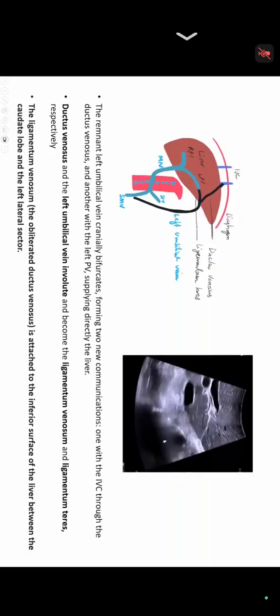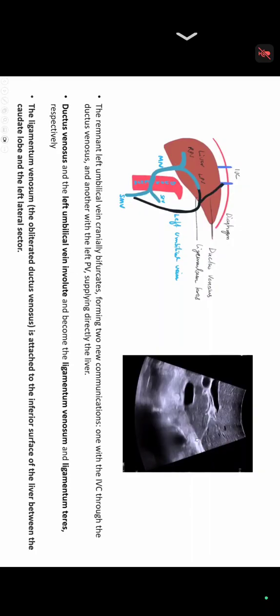Okay, now we're going to go into the sonoanatomy of the liver. One important thing I will tell you in intraop ultrasound scan is the ductus venosus, which is a very, very important landmark. It is present between the left lateral section of the liver and the caudate lobe.